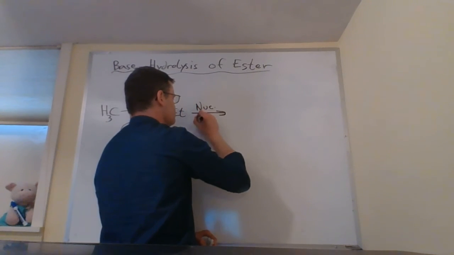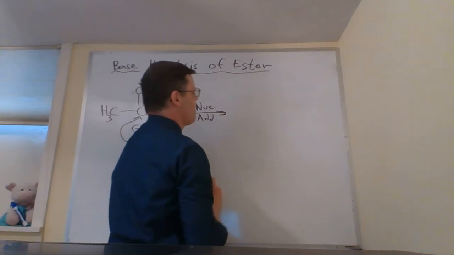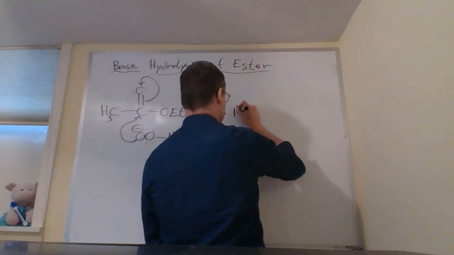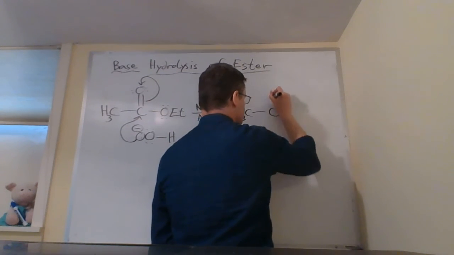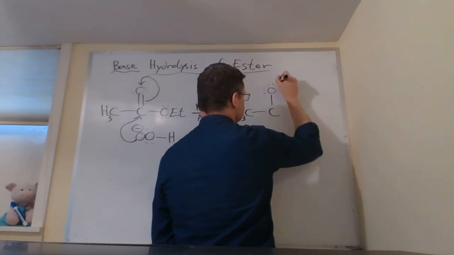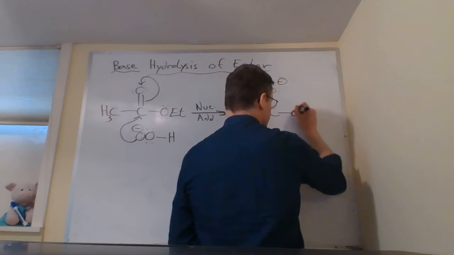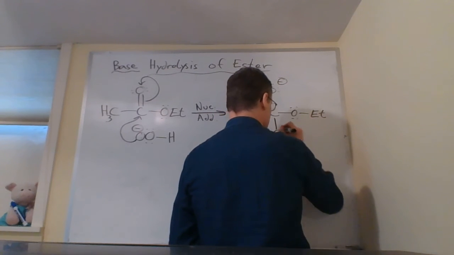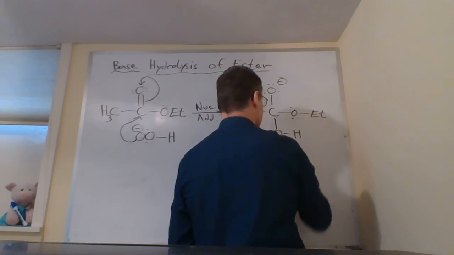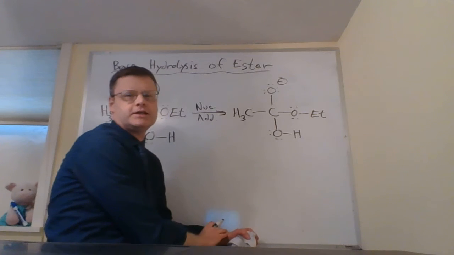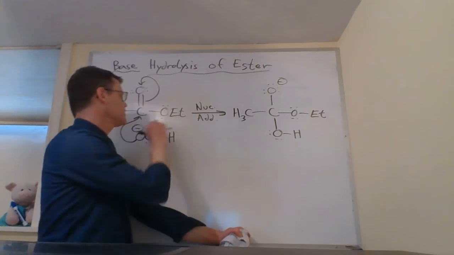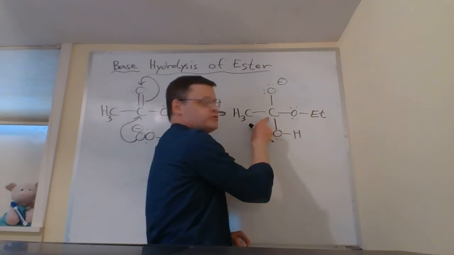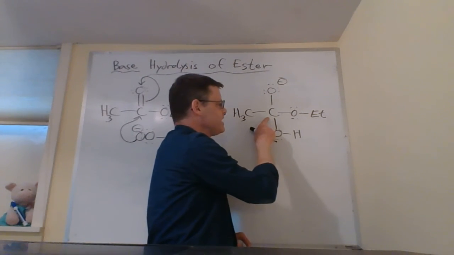And that gets us to this intermediate. Please show all your lone pairs on your intermediates and the correct formal charges. We call this a tetrahedral intermediate because we go from having a carbon that is trigonal planar, sp2 hybridized, to being tetrahedral, sp3 hybridized.